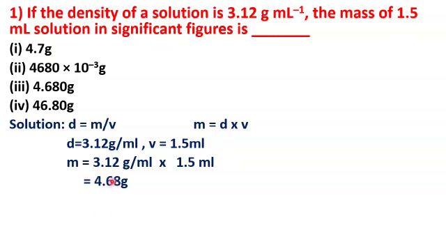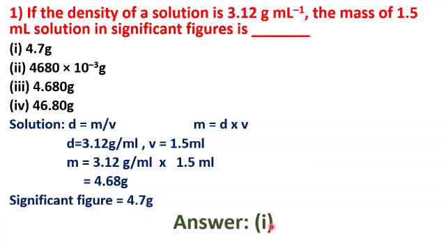So we have to round off the number. So here after 6 it is 8, more than 5. So plus 1 you have to add to the number 6 here. So it becomes 4.7 gram. So 2 significant figures must be there in the result because here it is having 2 significant figures. Hence the correct answer is option 1.